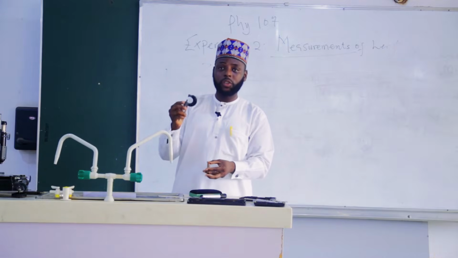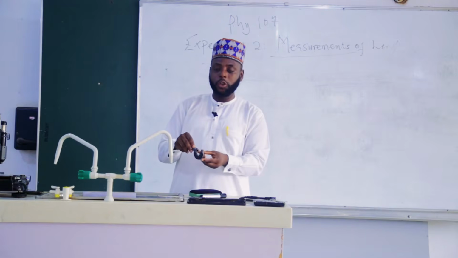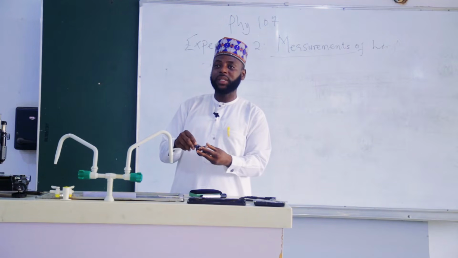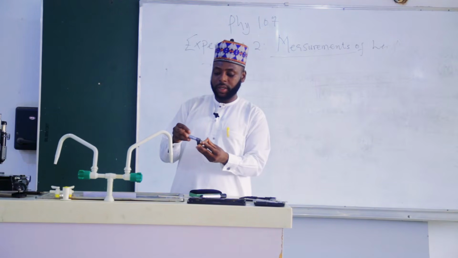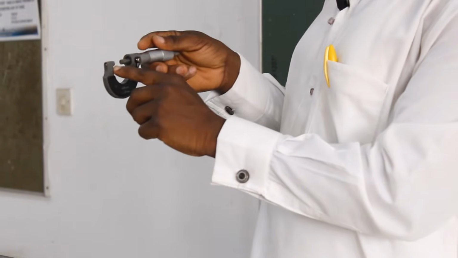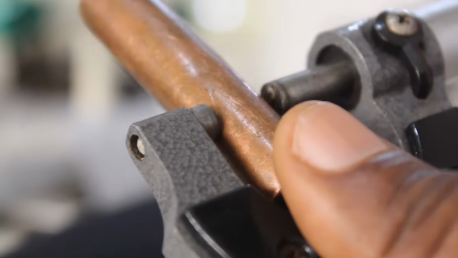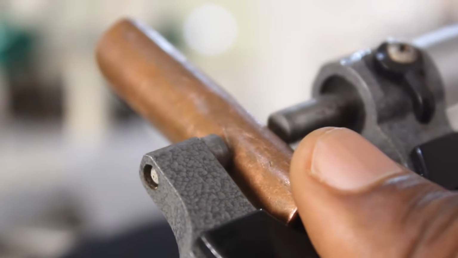So the micrometer screw gauge can allow you to measure the outer diameter of the cylinder by closing the anvil and the spindle onto the object like this.